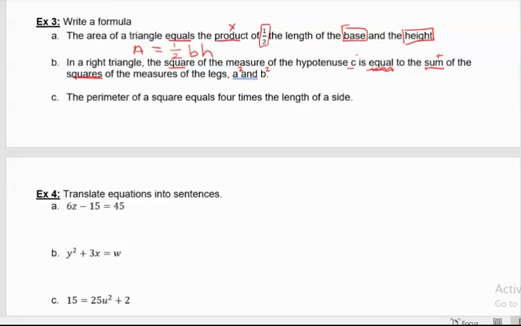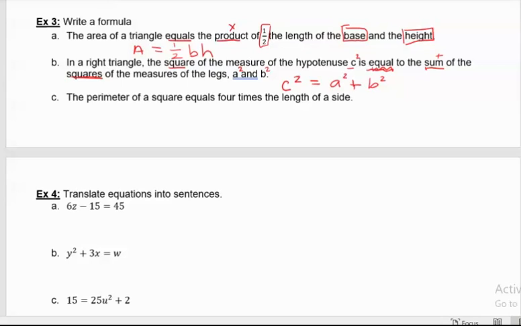And I also have c squared up here. So I have c squared equals the sum, so that tells me I'm adding the squares of the measures of the legs, a squared and b squared. And there's my formula for the hypotenuse of a right triangle.